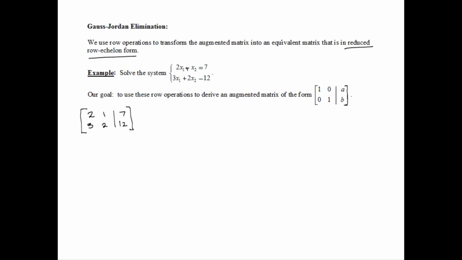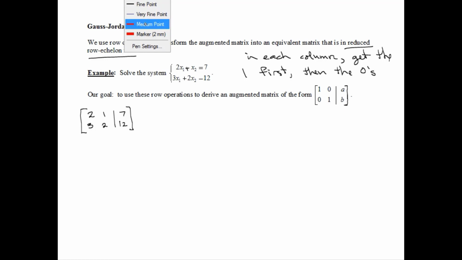In each column, what we're going to do is get the 1 first and then the zeros. Exactly like what we did before, we just are going to have a few more zeros than we did previously. So the first thing that we want to do is we want to make this into a 1.